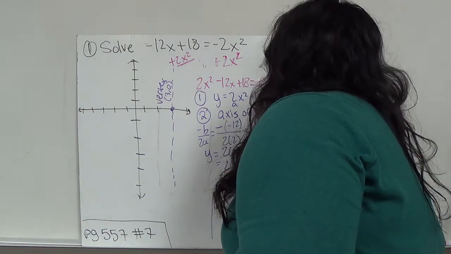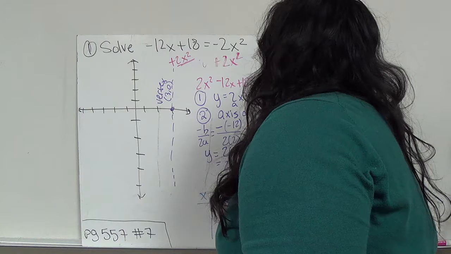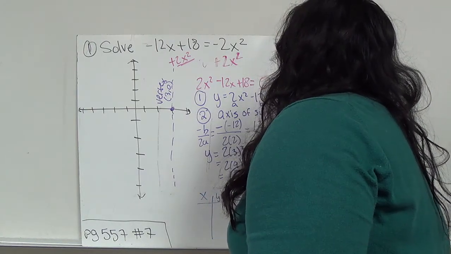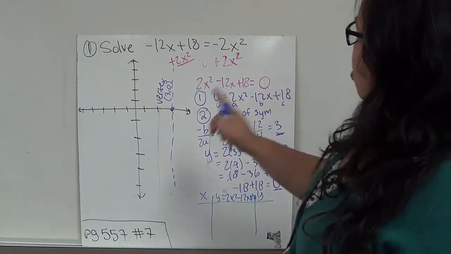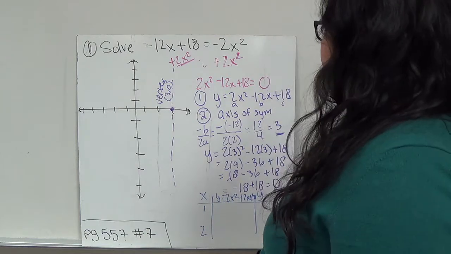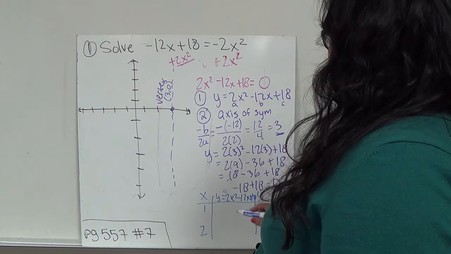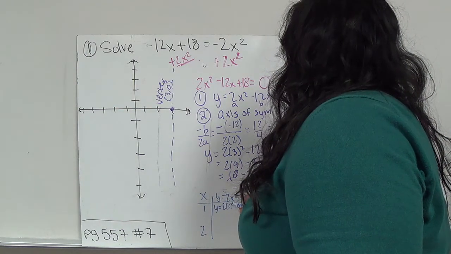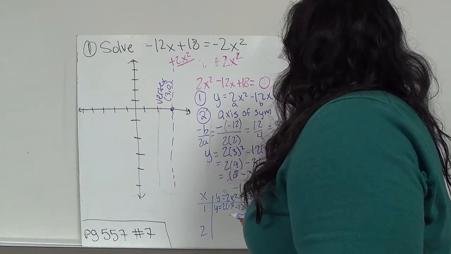So I'm going to draw my graph. Here's my x, here's my y, and my equation is y equals 2x squared minus 12x plus 18. Okay? I'm going to choose 1 and 2 again because it just seems easier. So we go y equals 2 times 1 squared minus 12 times 1 plus 18.